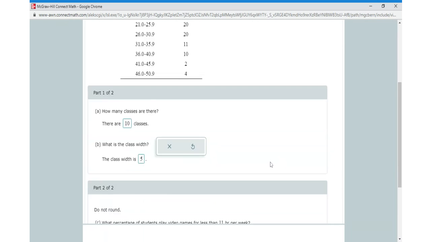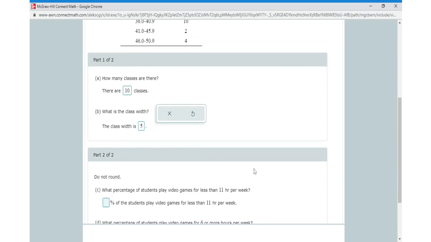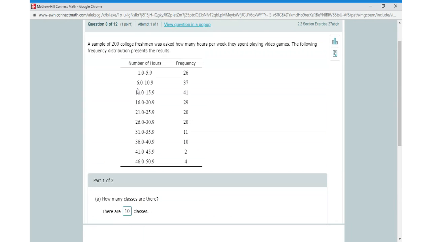All right, so now, percentage. What percentage of students play video games for less than 11 hours a week? So that means less than 11. So it's going to stop here, and we're only looking at these two, 10.9 and below. So that's going to be 26 plus 37.